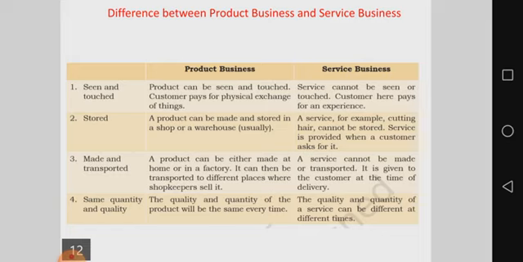Made and transported: a product can be made either at home or in a factory. It can then be transported to different places where shopkeepers sell it. A service cannot be made or transported. It is given to the customer at the time of delivery.